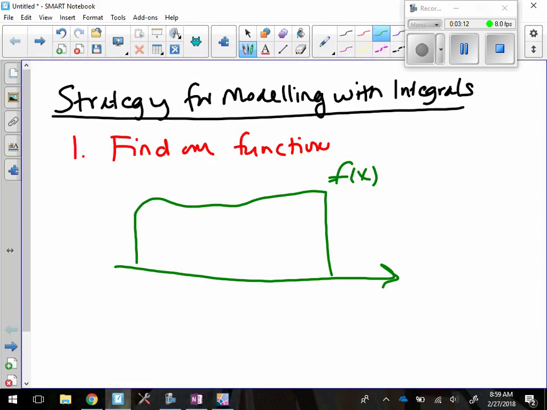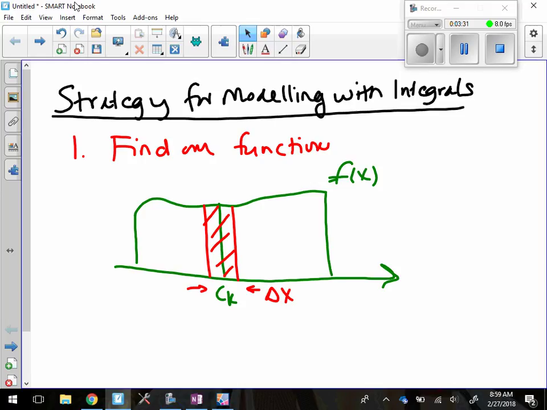And then if we were going to try to find the volume, well, I'm going to look at some value at some random x value. I'm going to surround it with some chunk that has a distance or a width delta x.